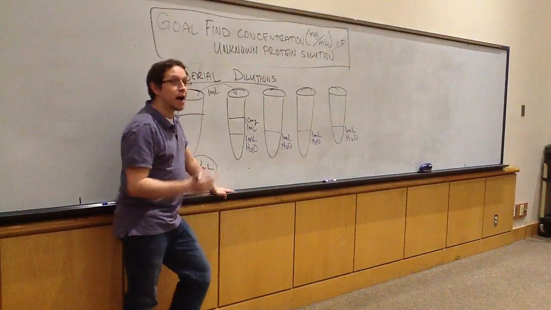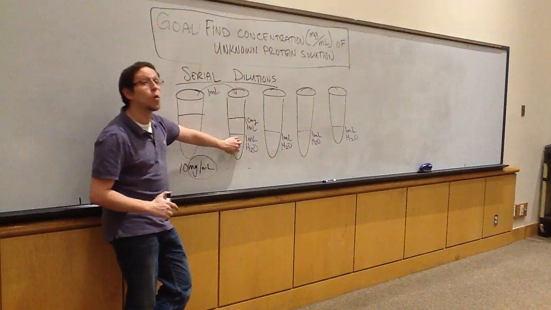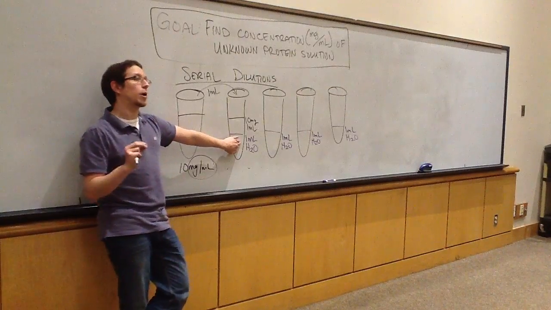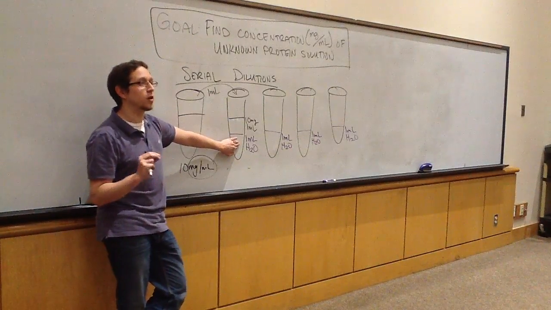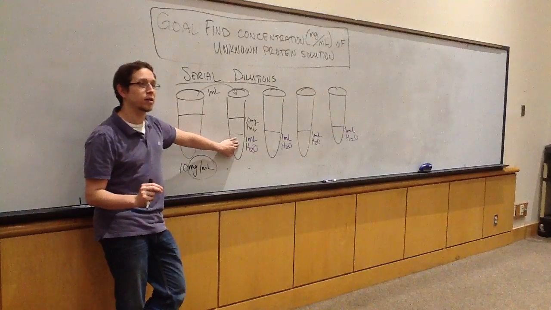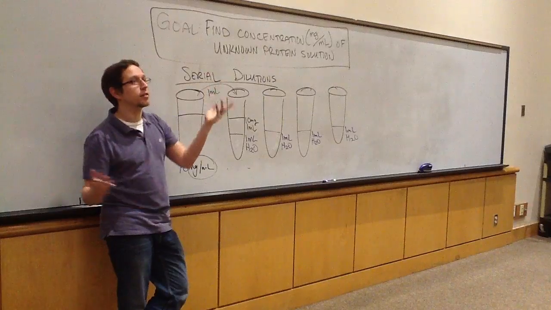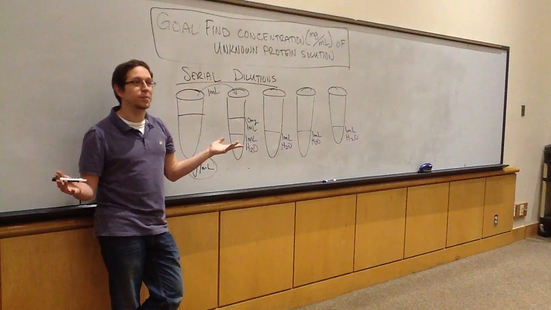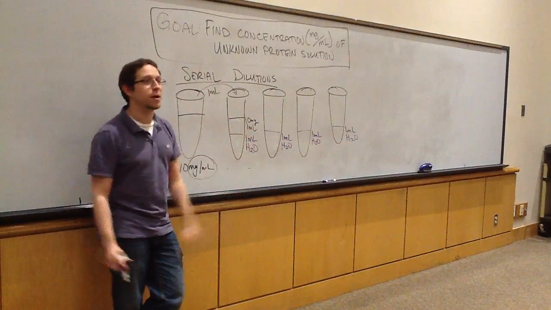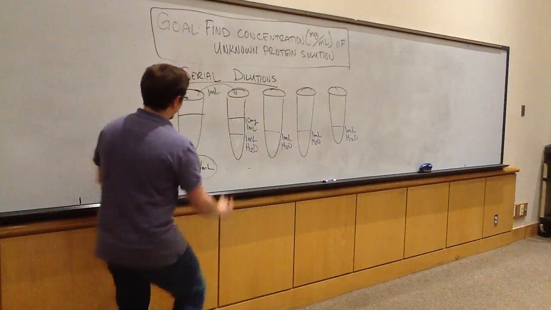Right? So I've added 1 milliliter to 1 milliliter of water. Let me ask you a real quick question. How many milligrams of protein are there in 1 milliliter of water? 0, right? Otherwise, what would the point of protein shakes be? You could just drink water and beef up however you wanted to at the gym, right?